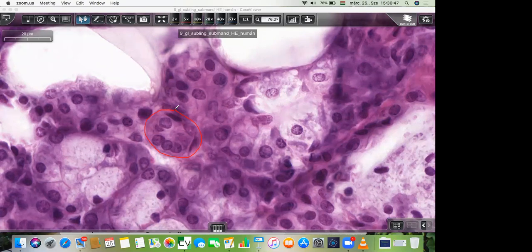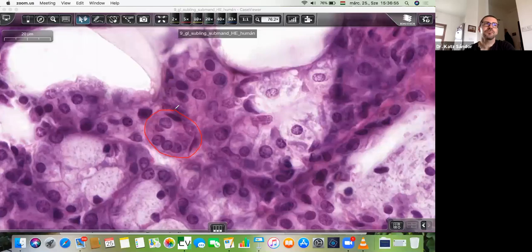Are we supposed to know why? Sorry? Should we be able to explain why? Because they belong to the secretory or the excretory portion. The secretory portion cells are darkly stained, but the excretory portion of the duct system eventually has less cellular activity than the acinar cells.